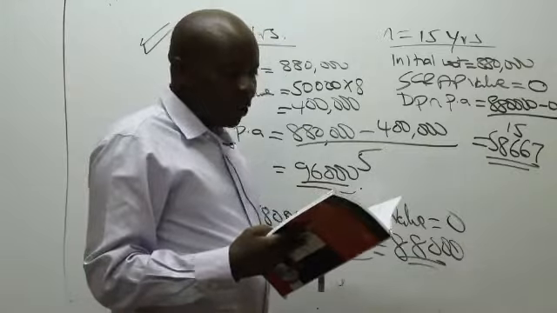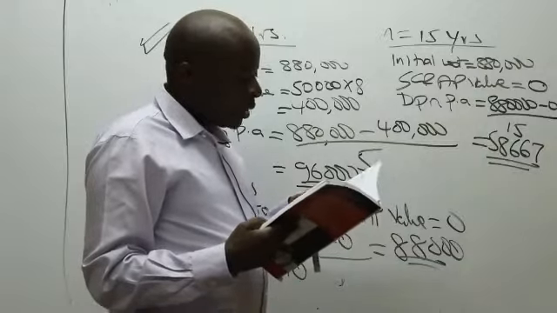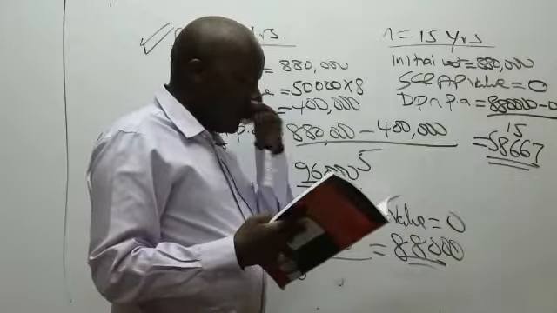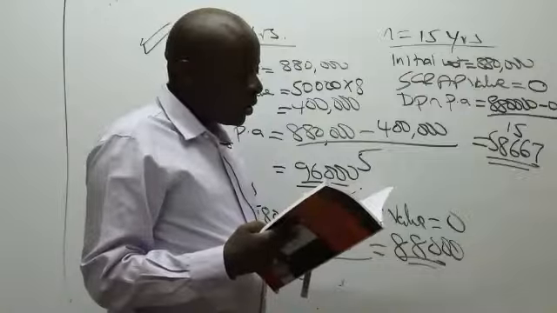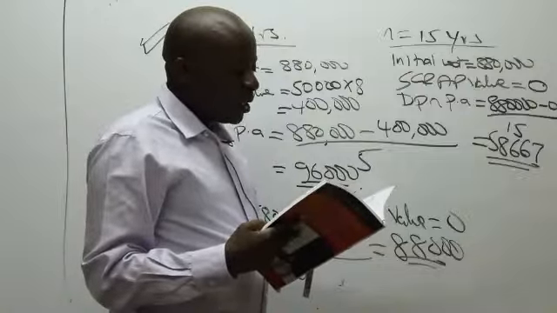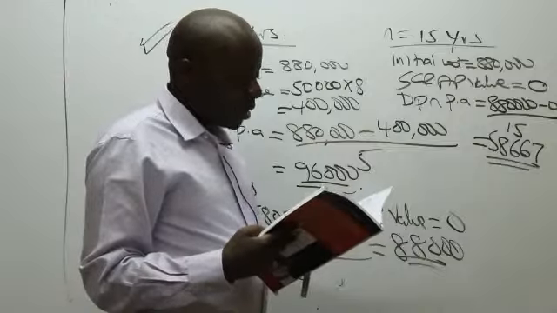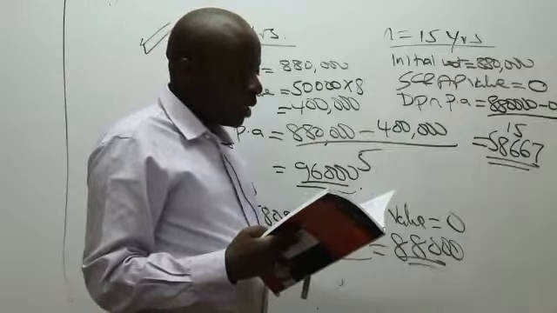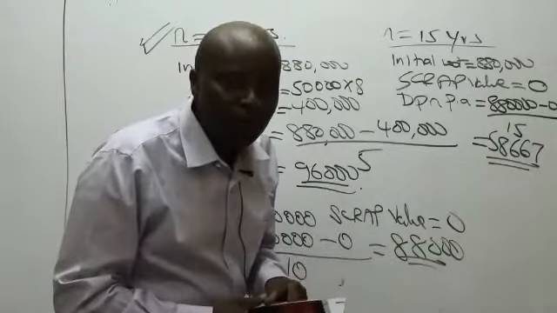They have told us in note number 2 that installation cost for all the computers will amount to 80,000. It is estimated that once installed, the computers will increase the company's earnings before depreciation and tax from 12 million to 12.5 million.